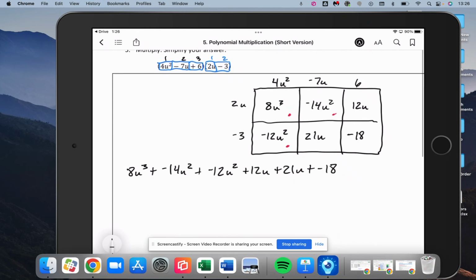So first thing I'm going to do is combine like terms. So I see I've got these two that can be combined, and I've got these two that can be combined. So we will go ahead and do that.